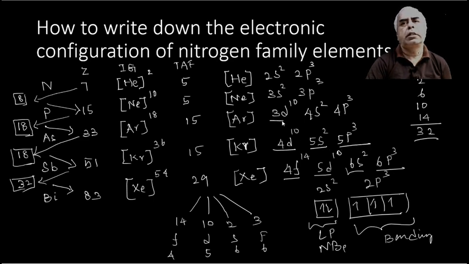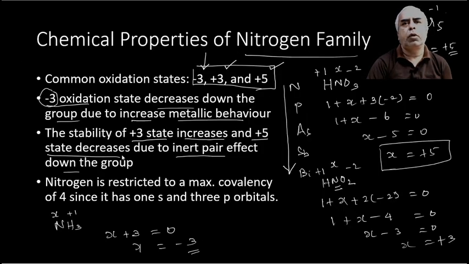And similarly 3d10, 4s2, 4p3, and 3s2, 3p3. So in all these cases, the unfilled orbitals are p, where 3 electrons are available, and that is why it has the tendency to retain the +3. Are you able to follow? Whereas +5 is ruled out, that is, the +5 state decreases. It cannot take the lone pair electrons outside, so the lone pairs may not be available for bonding.